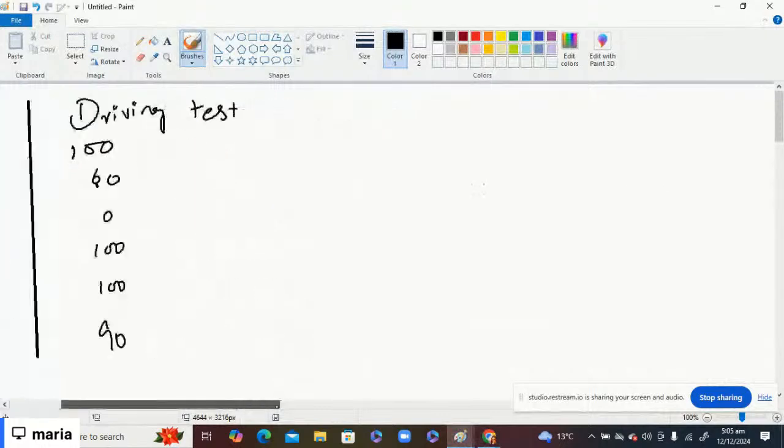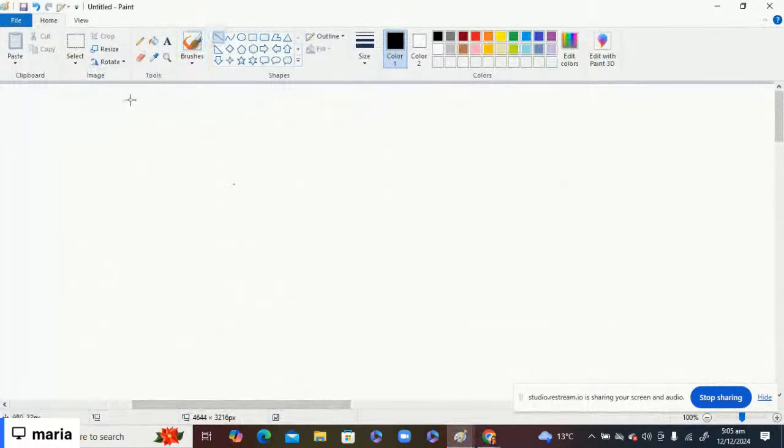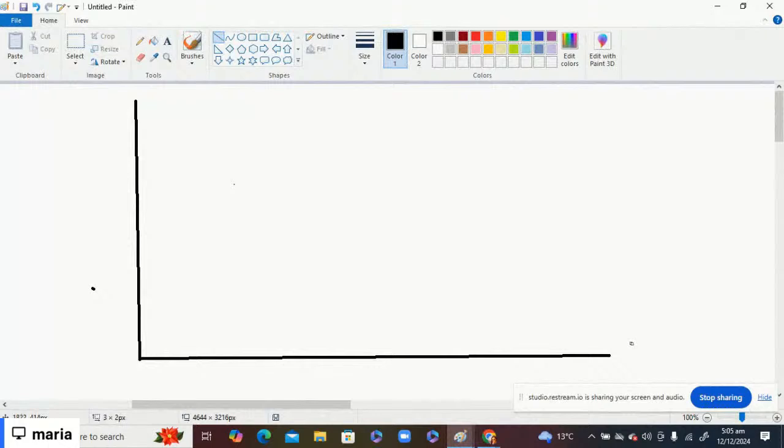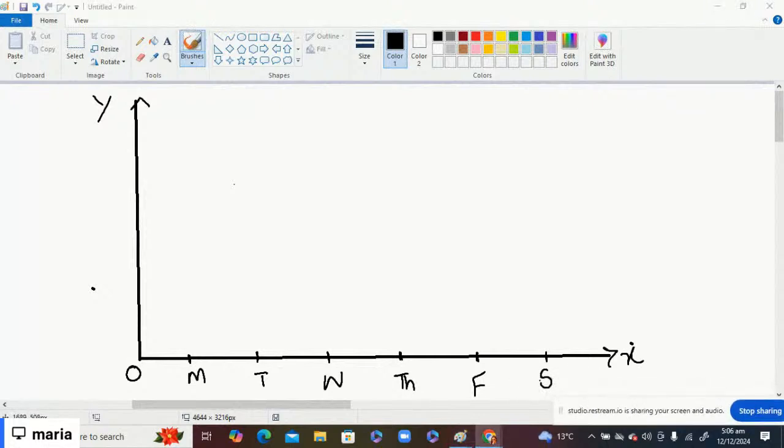Now draw the graph for this. Okay, let's draw the graph. This is the x-axis, and here it's the y-axis. Putting the 0 here. Now here you're going to put Monday, Tuesday, Wednesday, Thursday, Friday, and Saturday.